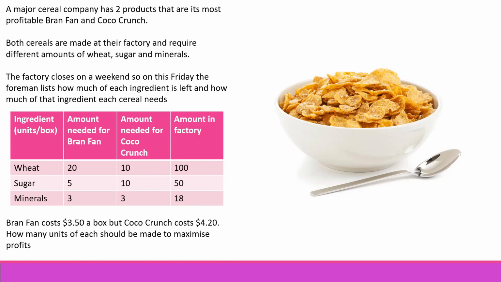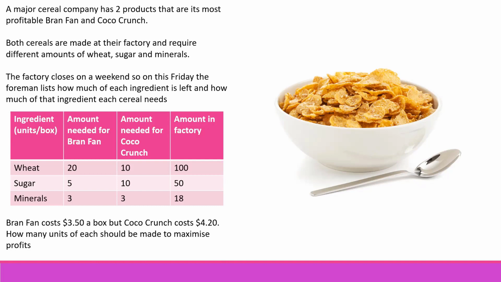Minerals were the only other thing I could come up with. We'll do that. The factory is closed on the weekend, so on this Friday, the foreman lists how much of each ingredient is left and how much of each ingredient each cereal needs.